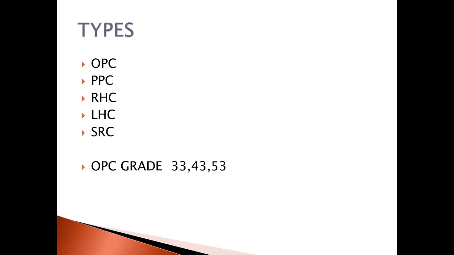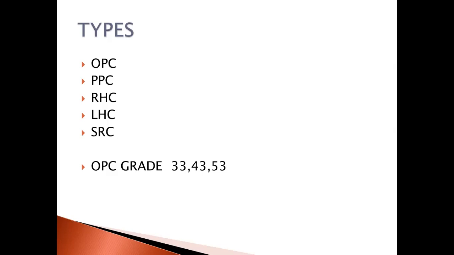See, OPC, the normal manufacturing process we saw, that is of OPC, ordinary Portland cement, and the next type is PPC, Portland Pozzolana cement. In this, in the same OPC, we will add Pozzolana material. See, Pozzolana material is nothing but the fly ash and the surki. These are the Pozzolana materials.